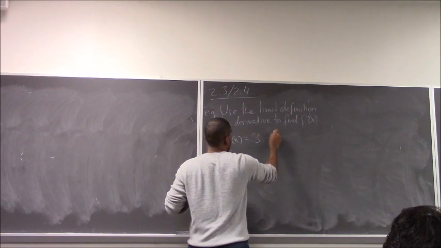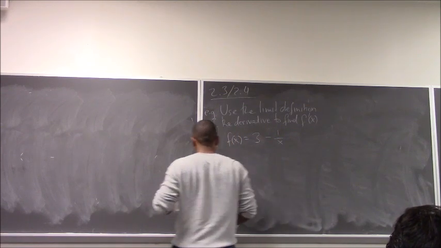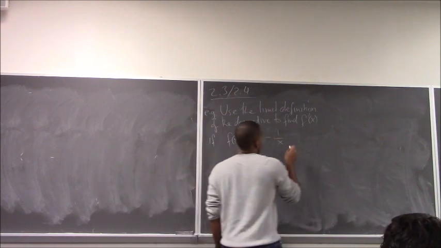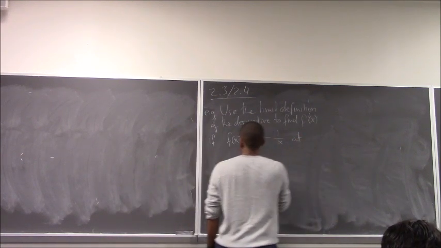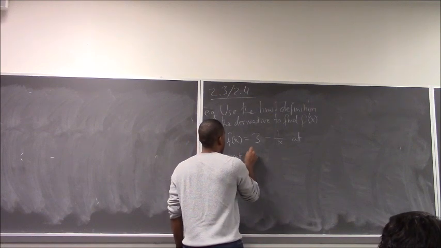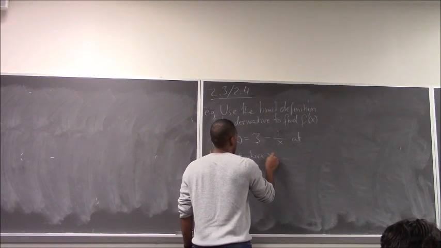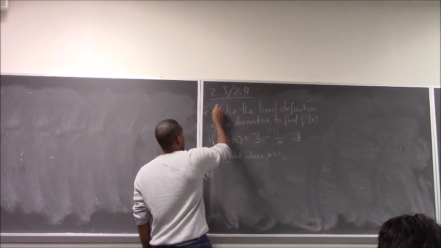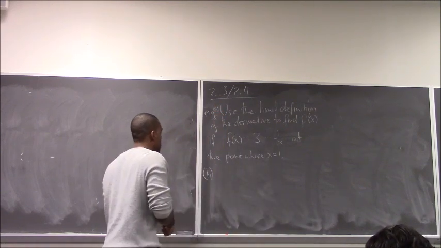In this case, it's 3 minus 1 over x. And then b, so it would be a two-part question.